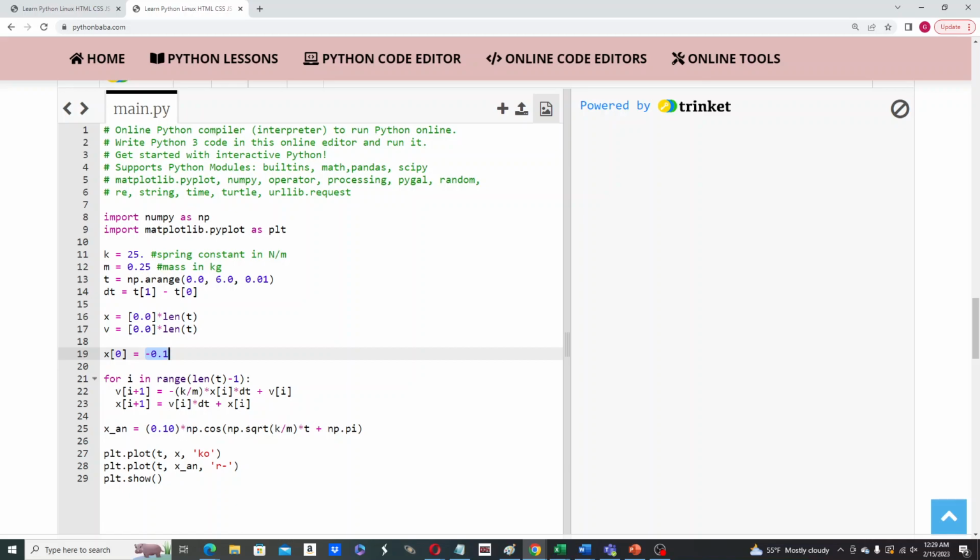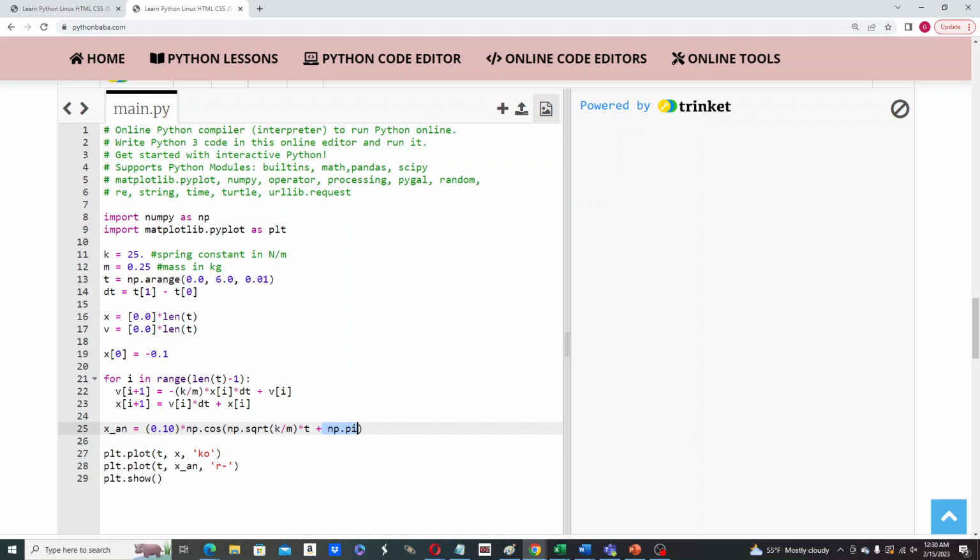So what that means is, because it's starting at a maximum amplitude, this is going to be a cosine function, and it will be cosine of the square root of k over m times my time, but also plus np.pi. So this is my phase constant, and this comes into play because I'm releasing the object from the negative x-axis. Okay? So I need to put the phase angle into my analytic solution, right?